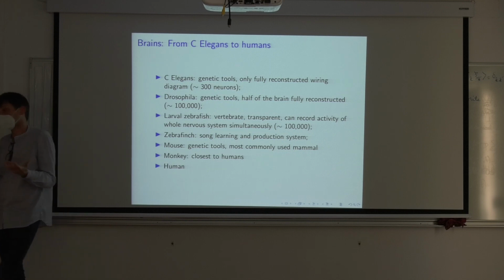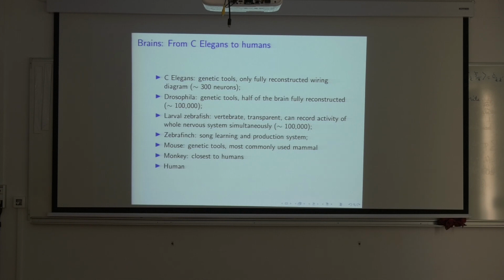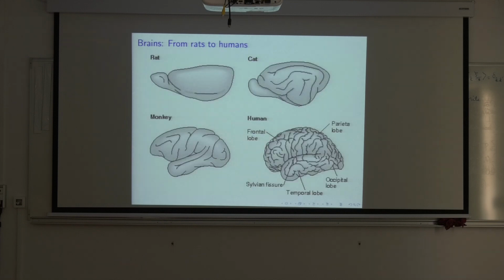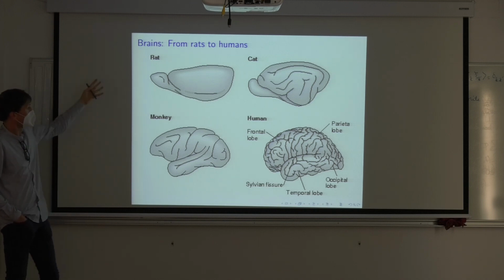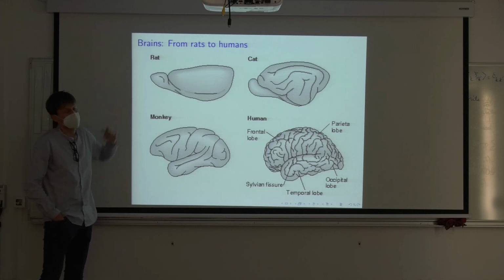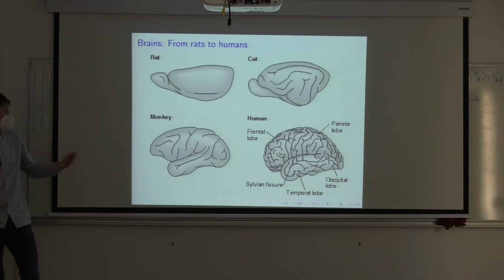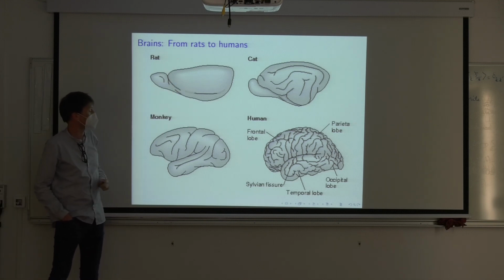The reason people use monkeys is because they are the closest to humans, in particular for studying higher-level cognitive functions. The brains of monkeys are thought to operate in a way that's very similar to ours. And in fact, if we just restrict ourselves to mammals, the structure of the brain of different mammals is actually quite similar. Of course, the size and the details are quite different.